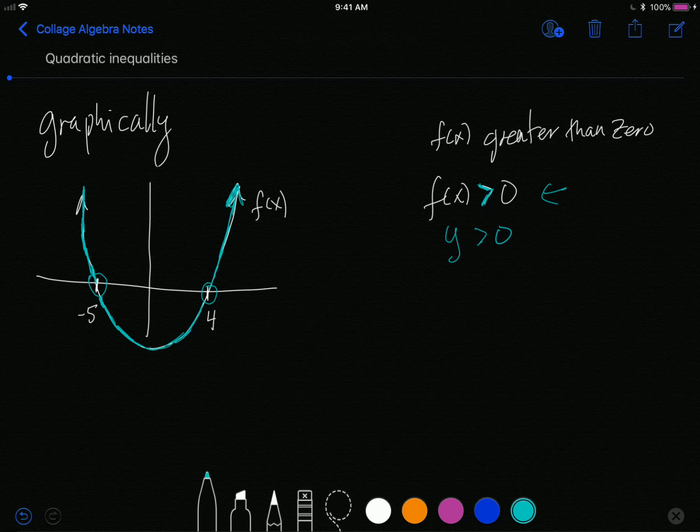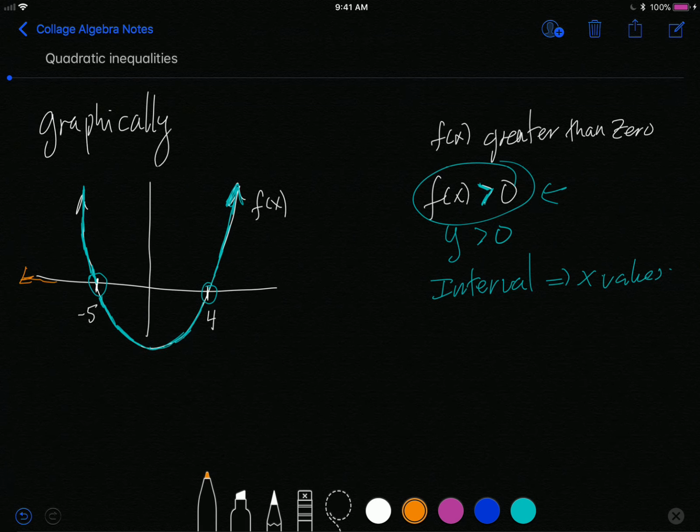And in mathematics, whenever we're looking for a solution to an inequality, what we're talking about in an interval are the x values. And so, we state the answer to our solution: starting at -infinity and until we get to -5, the graph right here is above the x-axis. -infinity to -5, the graph is above the x-axis.